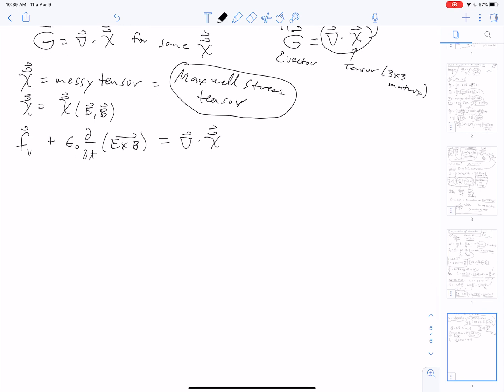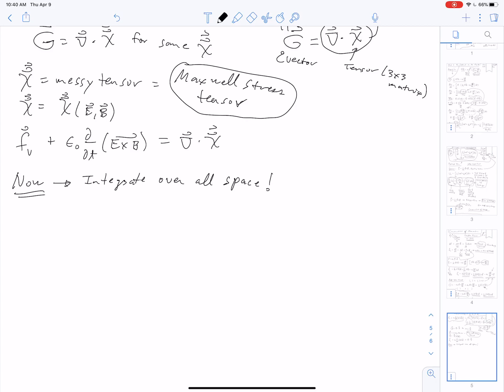Okay, and this is important because now what we're going to do is integrate over all space. Let's integrate over all space.